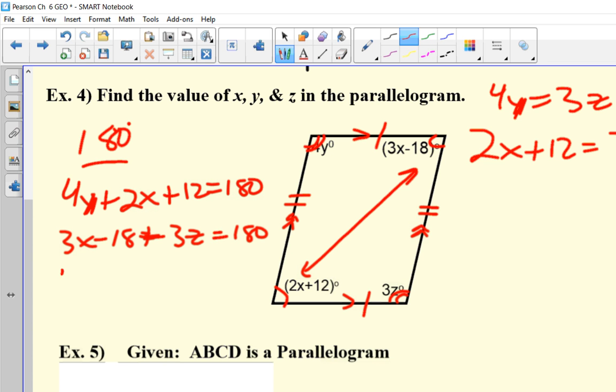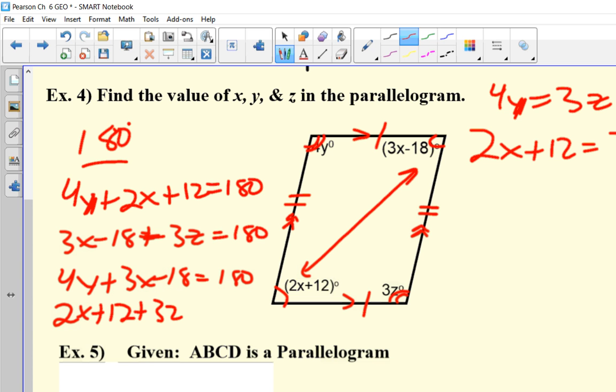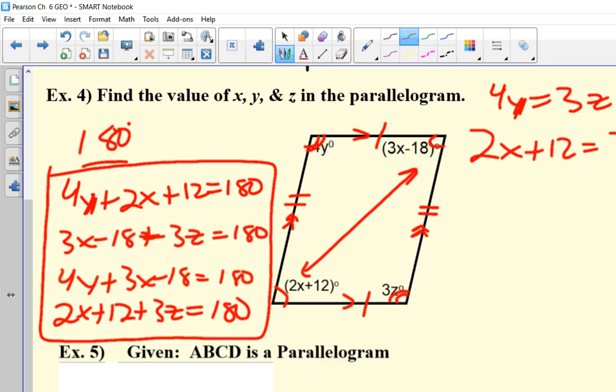I could go 4y plus 3x minus 18 equals 180, and I could go 2x plus 12 plus 3z equals 180. But all 4 of these combinations are not helping me at all right now. I might come back to them a little bit later, okay? But this is where I can start, and this is you guys just getting an idea of your rules and knowing how to play the game.